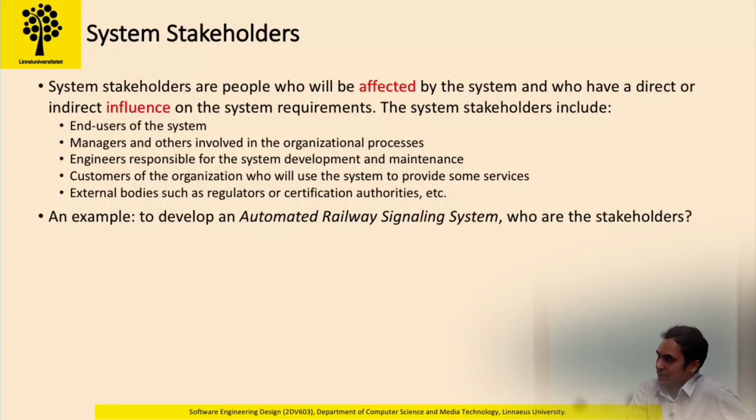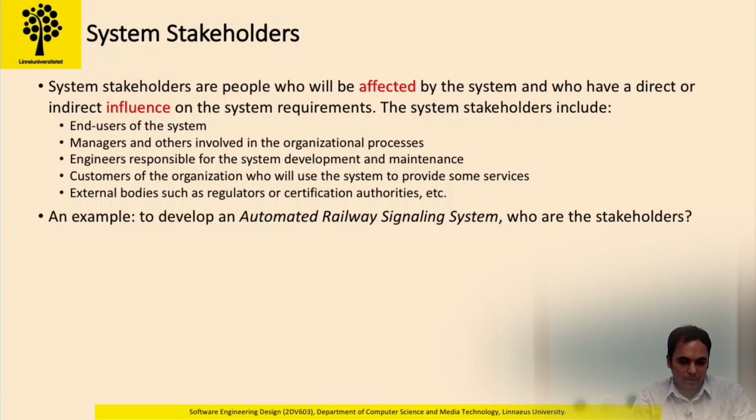And the examples of those stakeholders can be end users. So for example, again, for the banking system, the workers in the bank, then the managers, so the boss of those workers, the engineers responsible for the development, so the software developers or requirements engineers, and the customers of the organization. So if it's an ATM, for example, I am directly using the ATM as a customer.